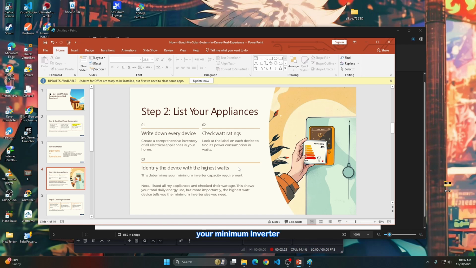This determines your minimum inverter capacity requirement, because in that combined load you will know, if I want to run all my appliances at once in the house, how much power I will be drawing at the same time. So that gives you the max cap for your inverter to choose.